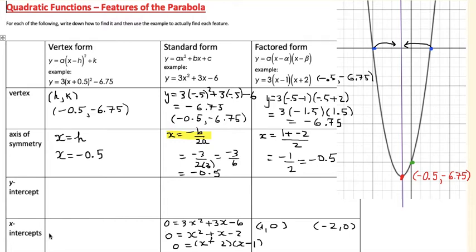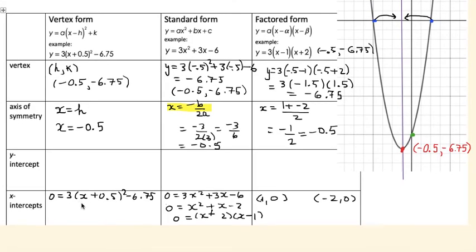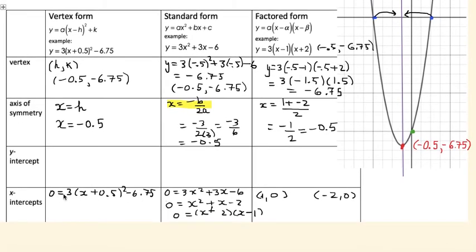Wonderful. Okay, the x-intercepts here are a pretty long process, and it basically involves working backwards to the x. First thing you would do is you would take the 6.75 over.